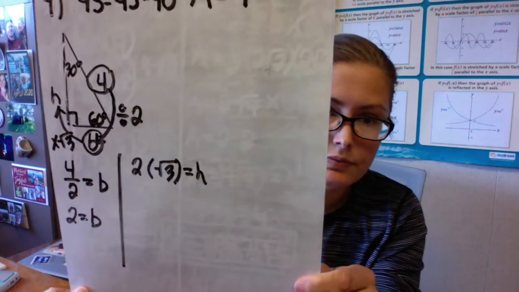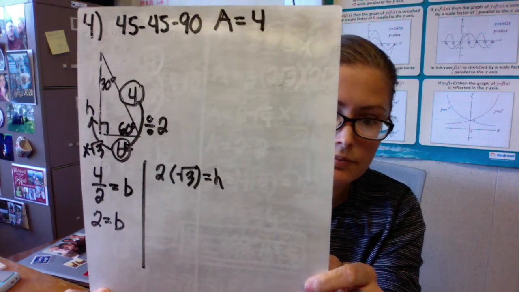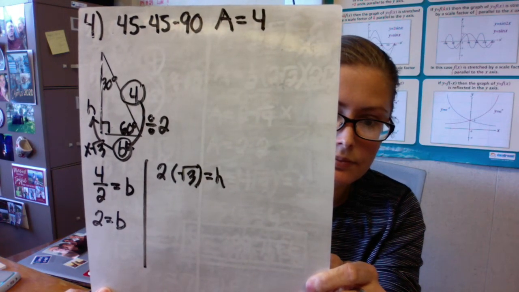So we need 2 times radical 3 to equal H. So 2 radical 3 is equal to H.